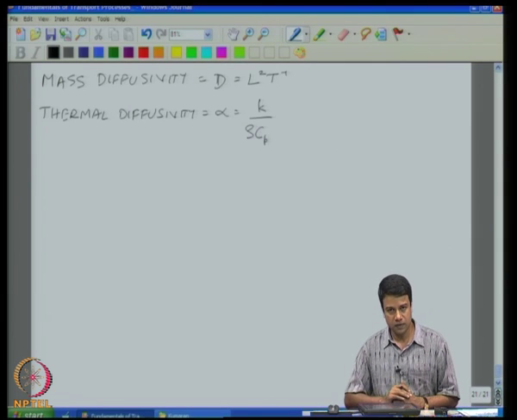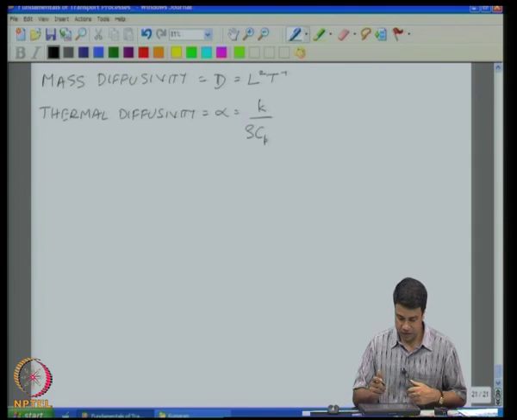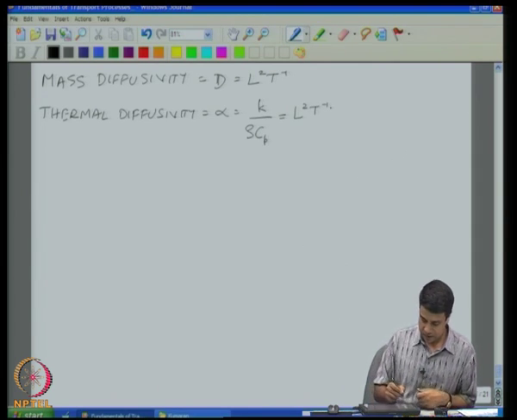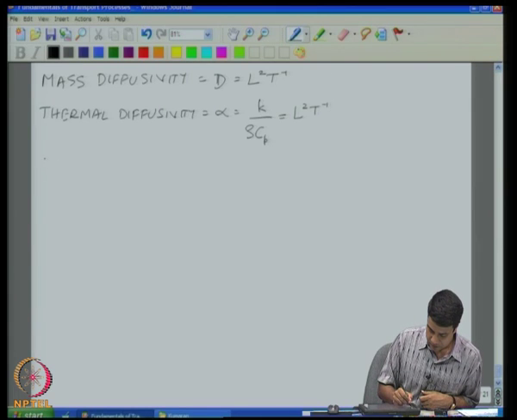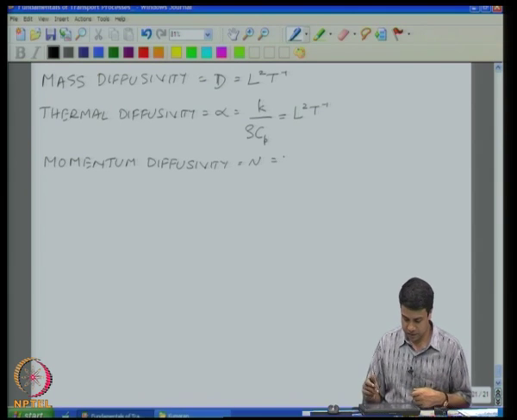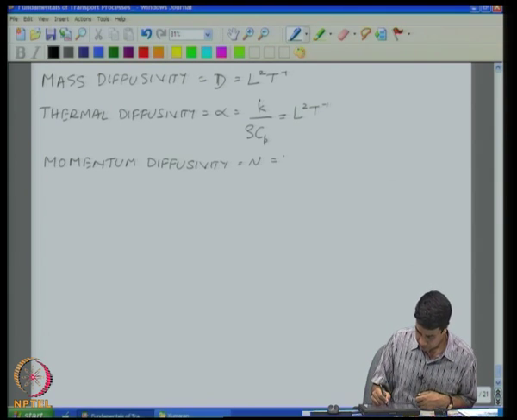You can work it out for yourself and you will find that this is also equal to L square times T inverse. And then there is momentum diffusivity, which is nu, kinematic viscosity, which is mu by rho. That will also have dimensions of L square T inverse.